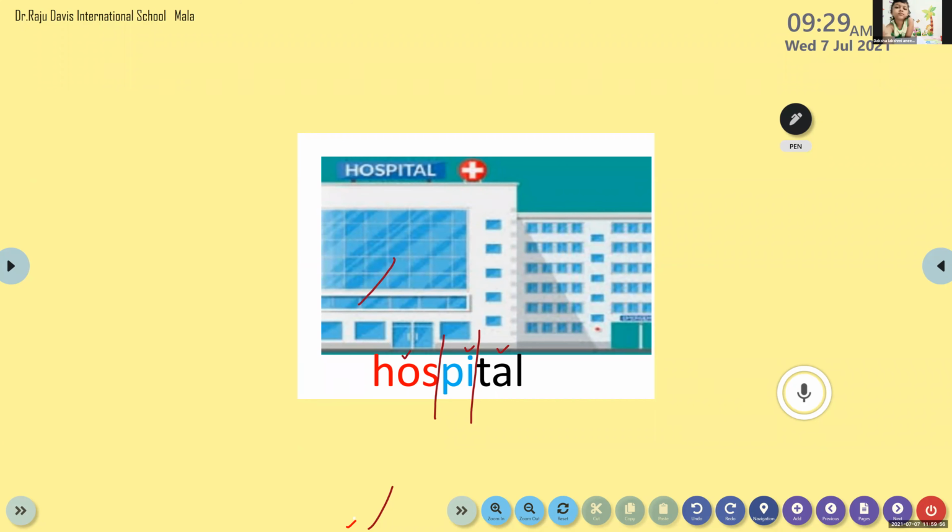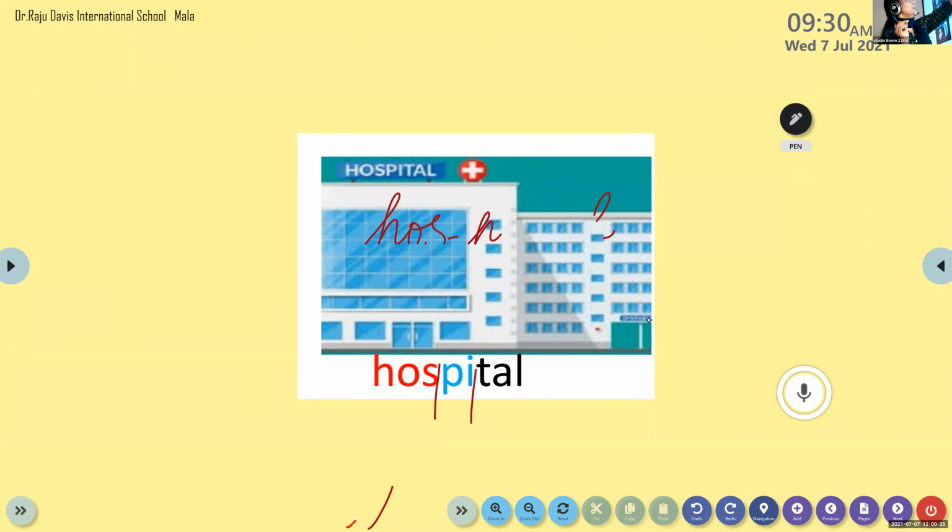Likewise, we are going to learn the spelling of the word. Write it once in your book. Hos, pi, tal. As you write each syllable, children, you just sound it out.